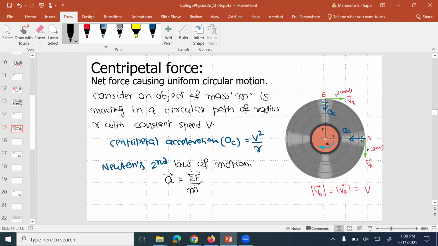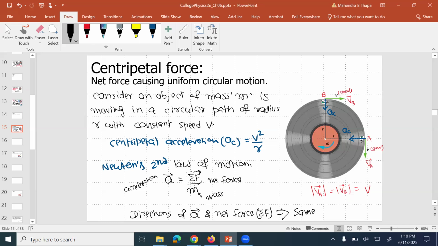So here, summation F is the net force, a is the acceleration, and here m is the mass. Okay, so this equation clearly tells that the direction of acceleration a and the net force summation F will be the same.